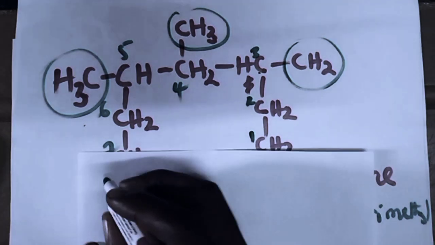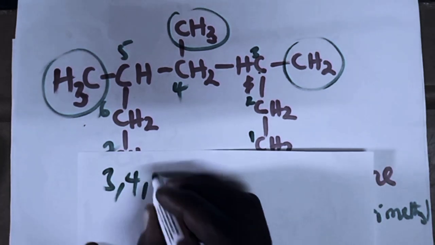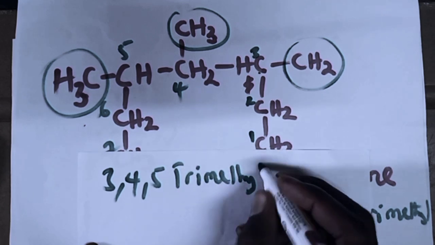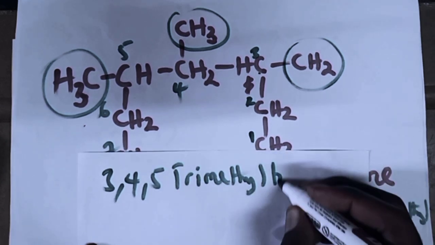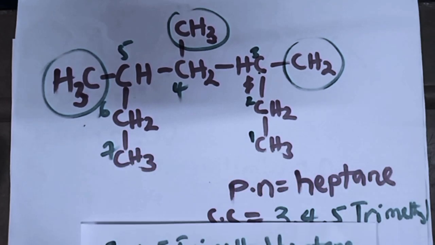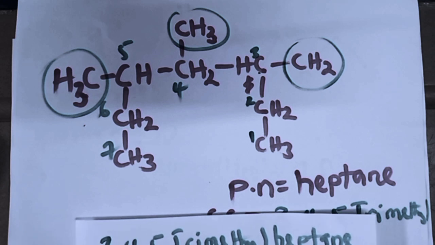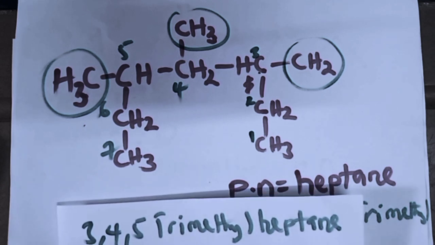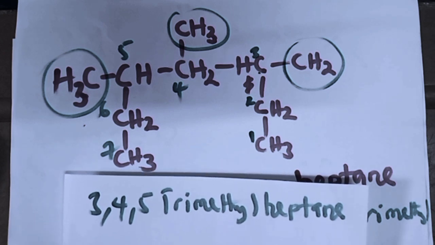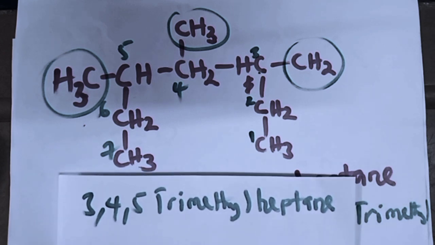So it will be 3, 4, 5 trimethyl. What is the parent name? Heptane. As simple as that. 3, 4, 5 trimethyl heptane. As simple as that.